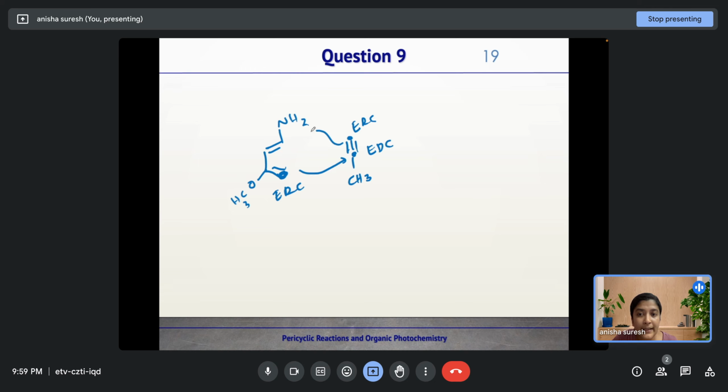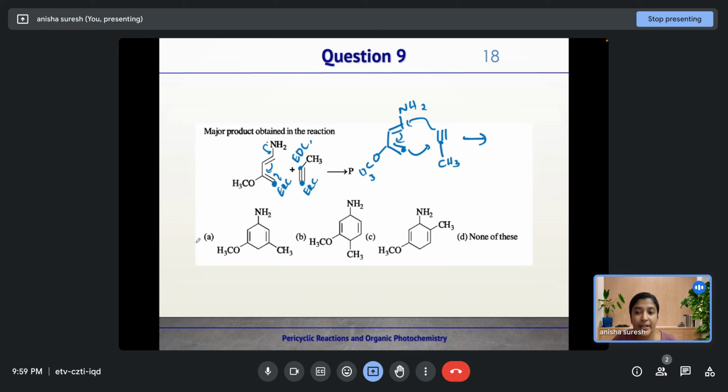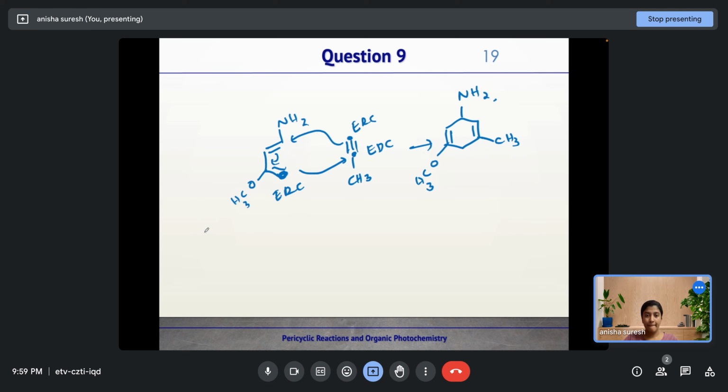So this will attack here, this will attack here, and this is the product that you will get. So correct option is option A. Option A will be the right answer. Okay.